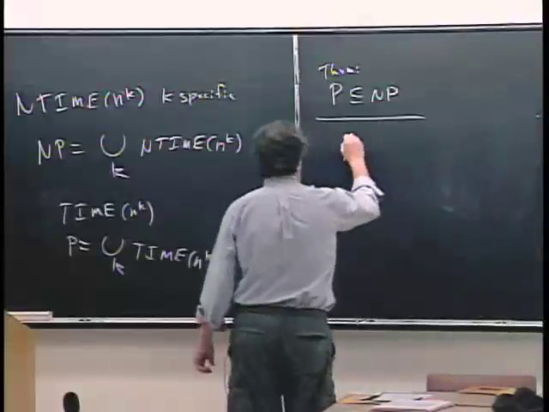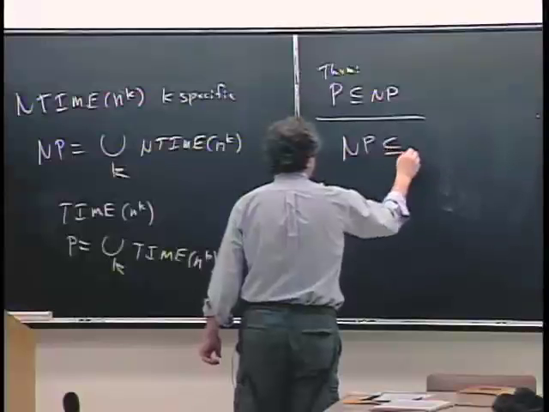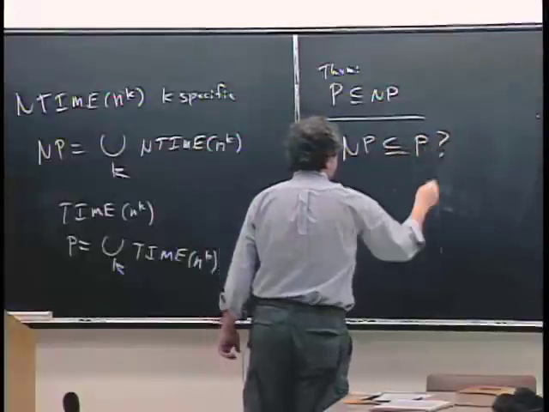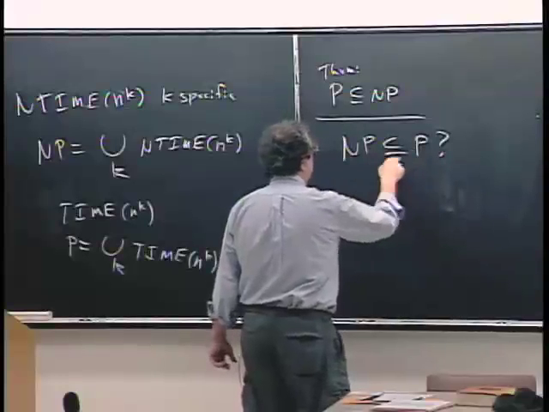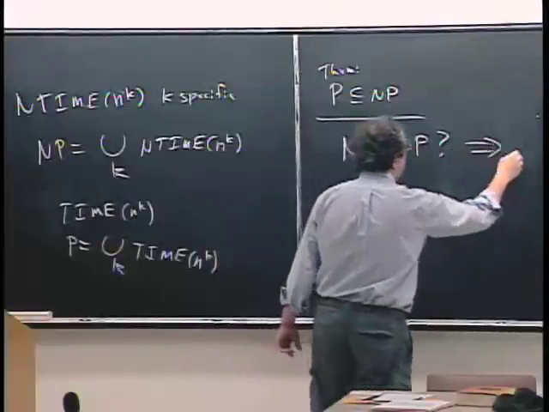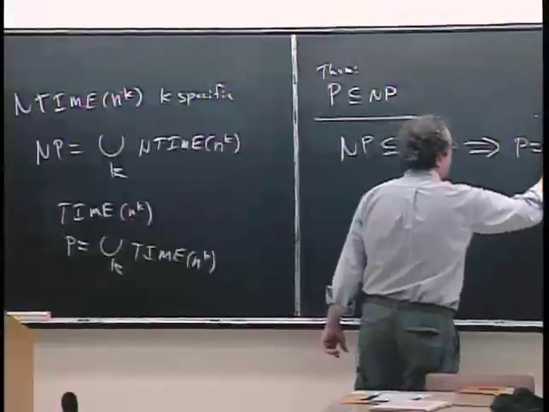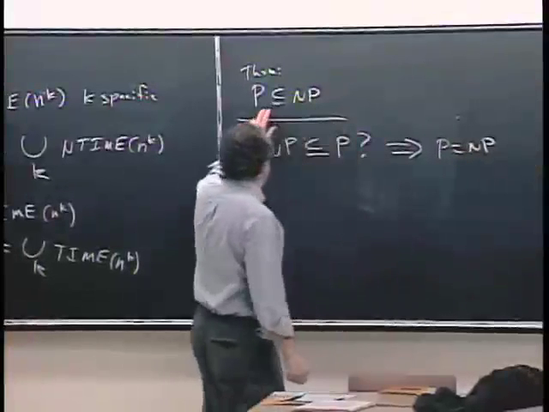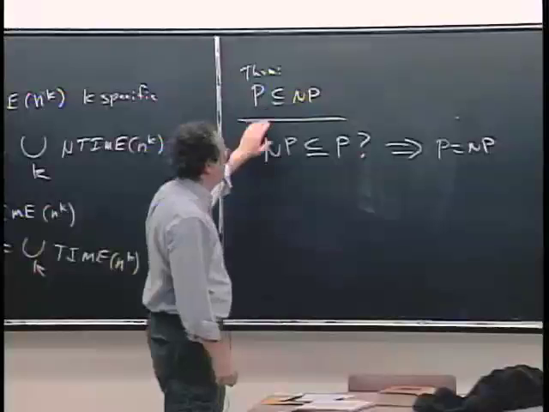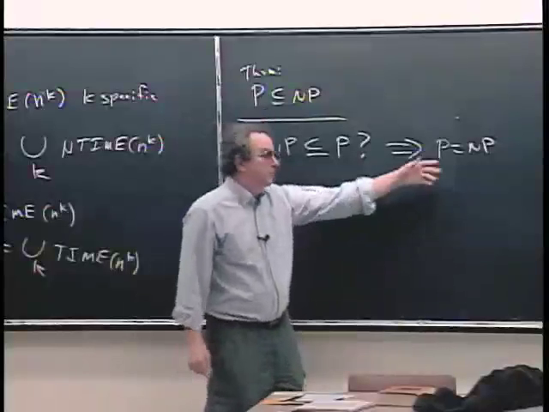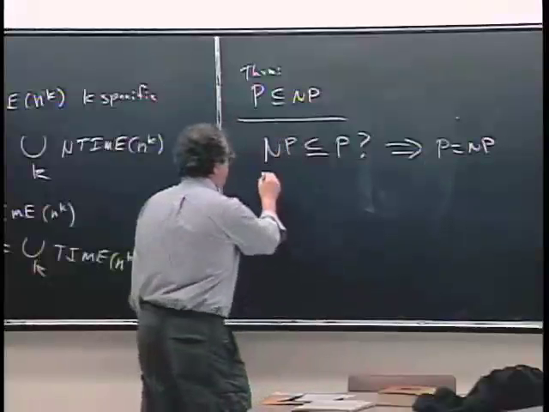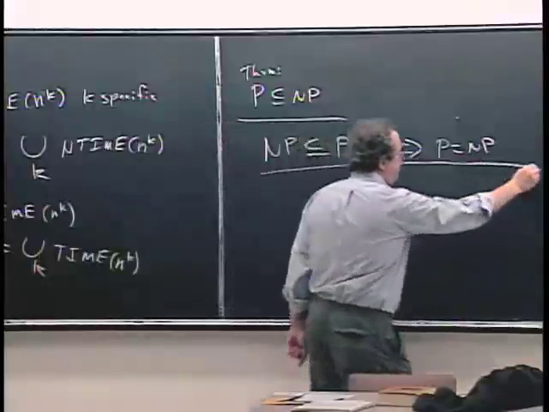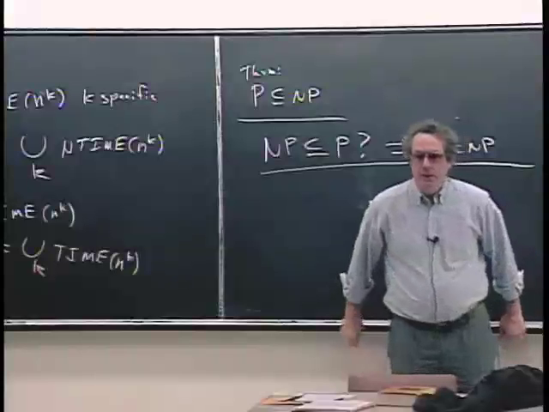We don't know actually whether NP is contained in P. That's a big open question, and if NP is contained in P, that would imply that P equals NP. Okay, because we already have this direction. So this is a big open question: does P equal NP? And I think that's about where we stopped last time.